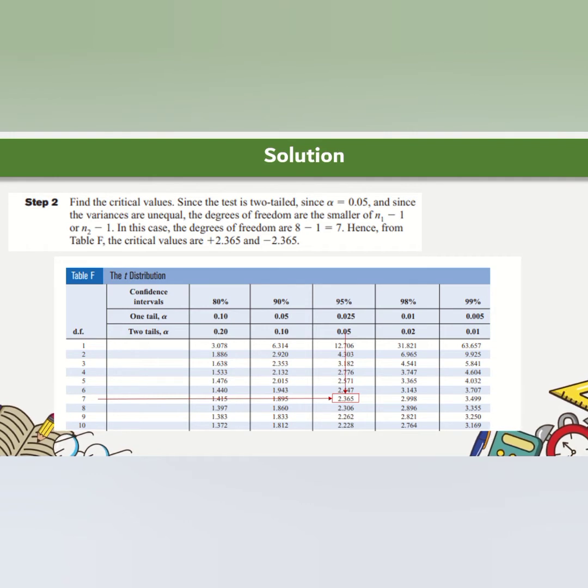Hence, from the t table with alpha 0.05, two tails, and degrees of freedom of 7, the critical values are positive and negative 2.365.